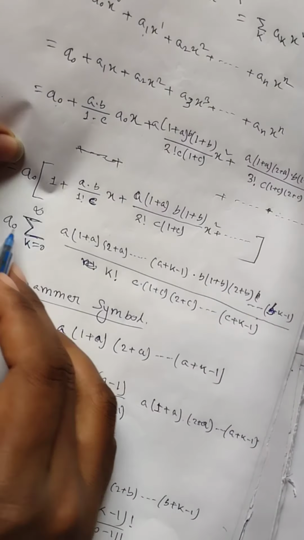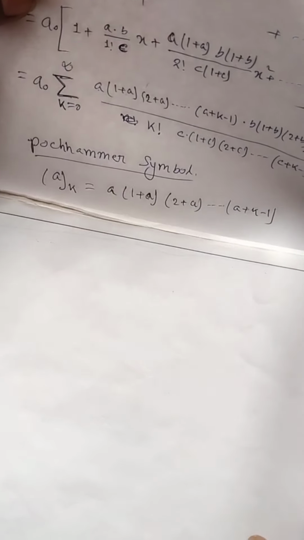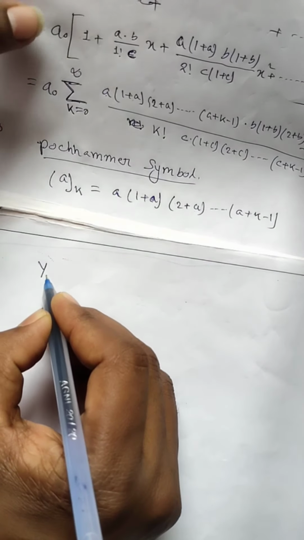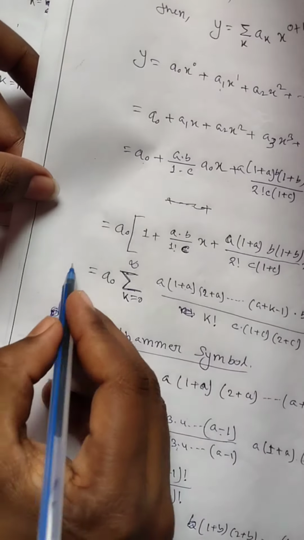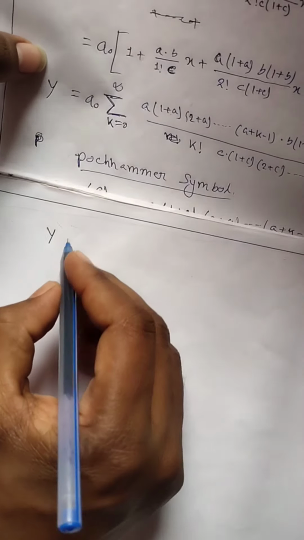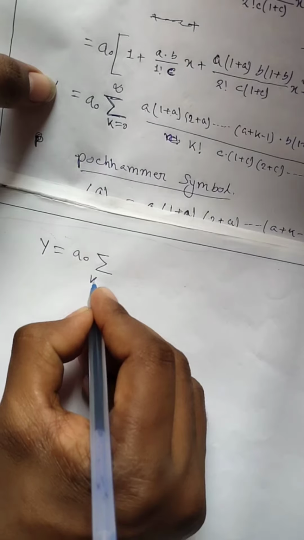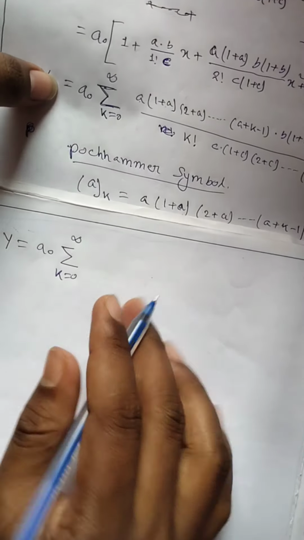So now this equation can be written as y is equal to a naught, sum k equal to 0 to infinity.